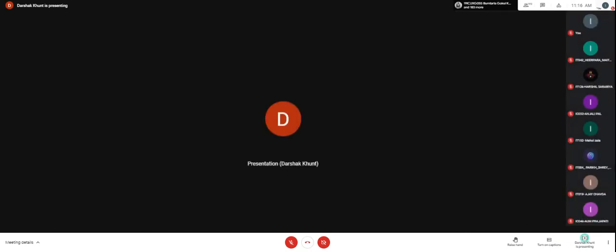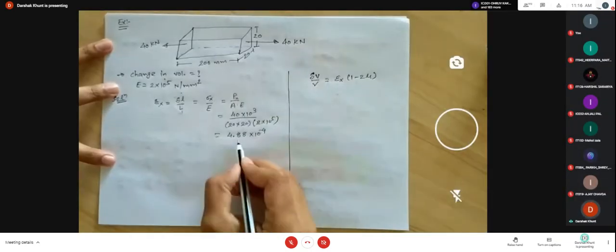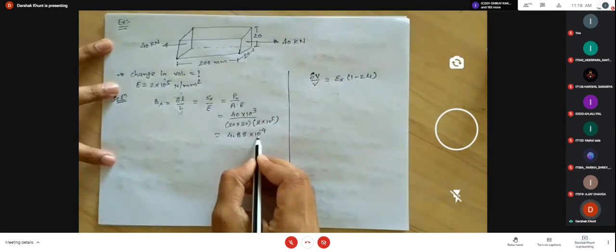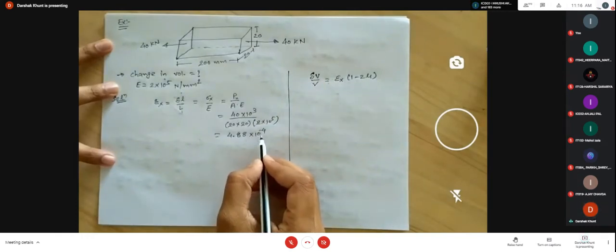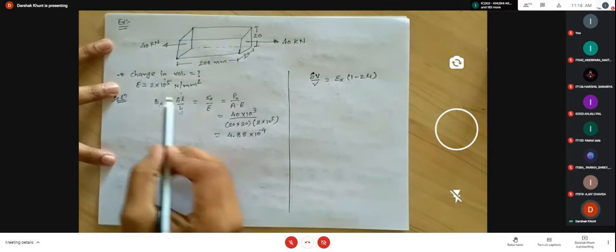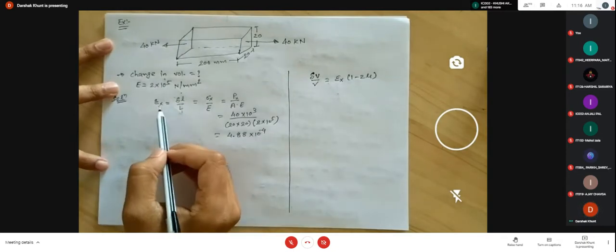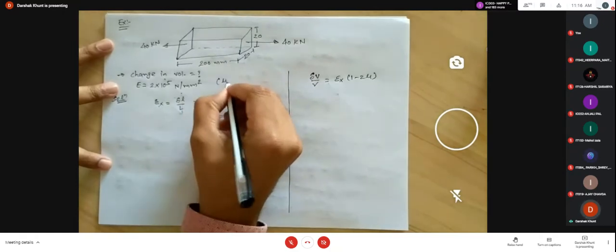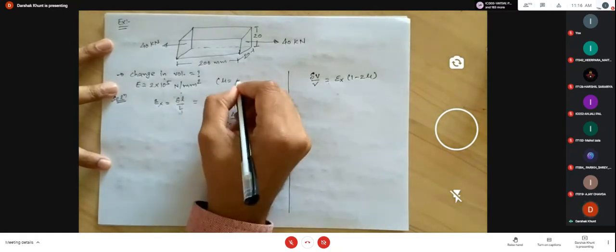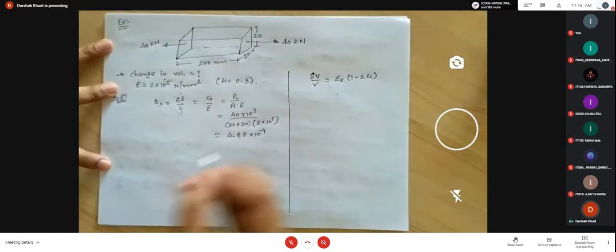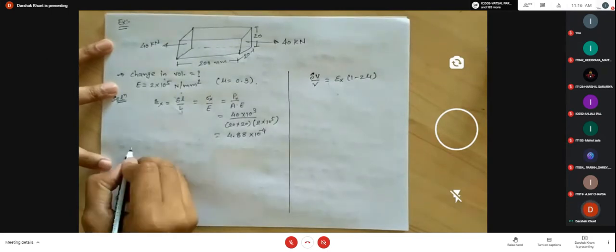Consider a 1 meter length of the bar and apply these forces, so the change in length is 4.88 into 10 raised to minus 4 meter per unit length. That is the strain in x direction. Okay. Here the mu value is also given to you. That is 0.3, the Poisson's ratio. Okay.